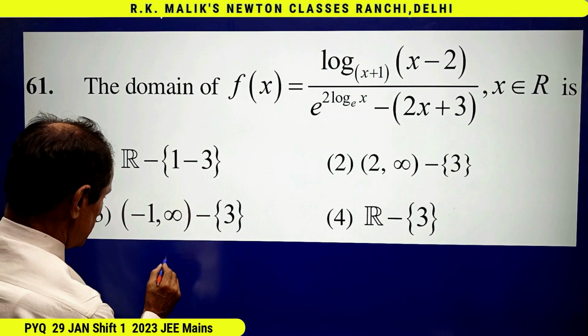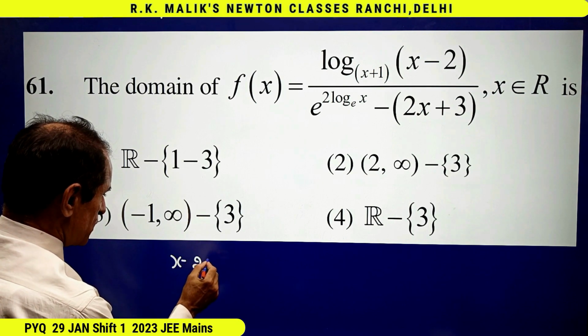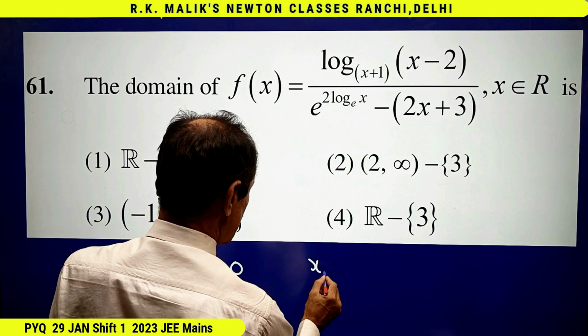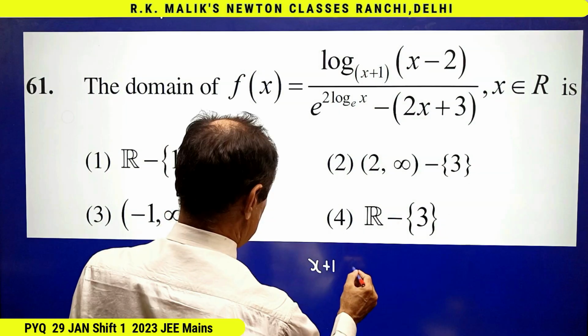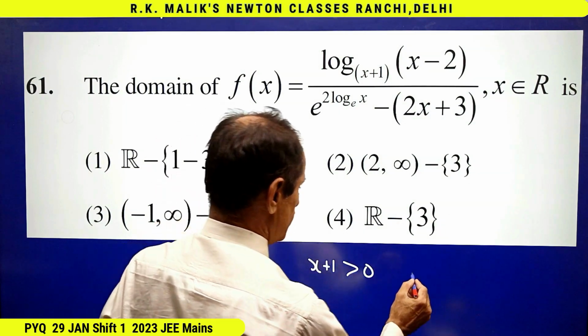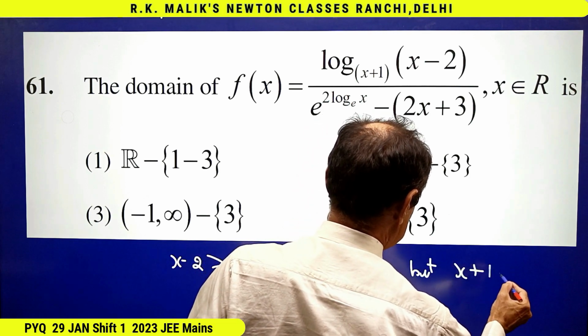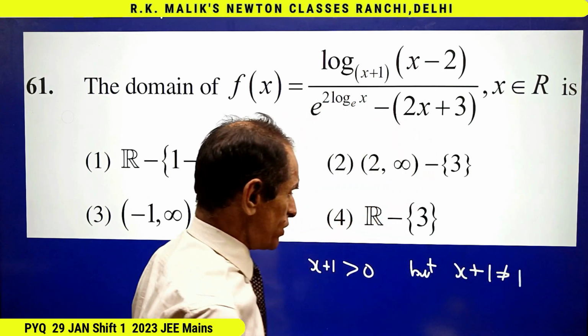First thing, x minus 2 should be greater than 0. x plus 1 should be greater than 0. But x plus 1 is not equal to 1.